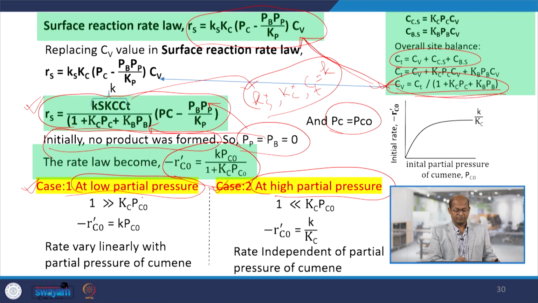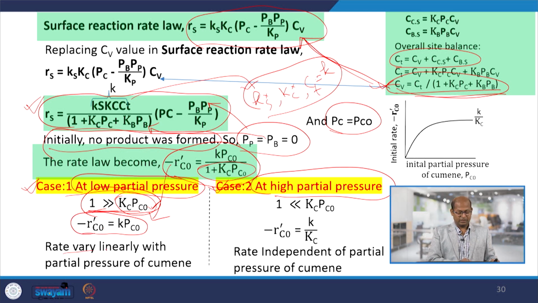If the partial pressure of cumene is low, then in the denominator term 1 plus Kc Pc0, Kc Pc0 should be much less than 1. Then we can neglect this term and the equation becomes like this. This is the special case we are considering.